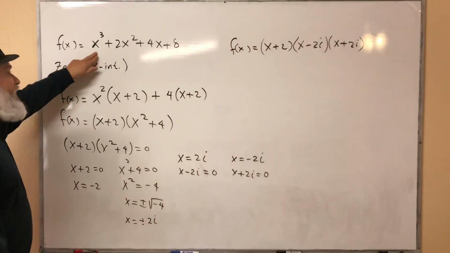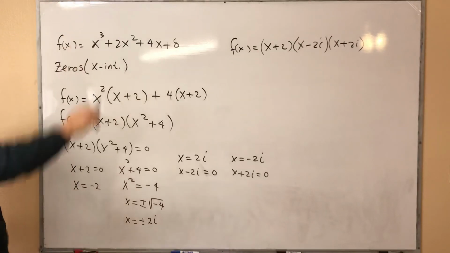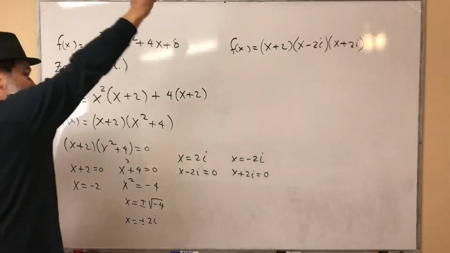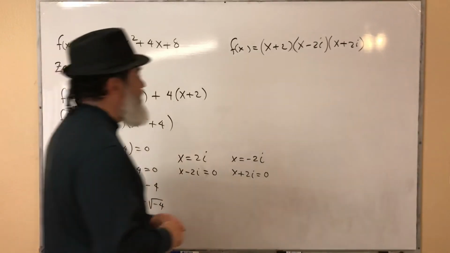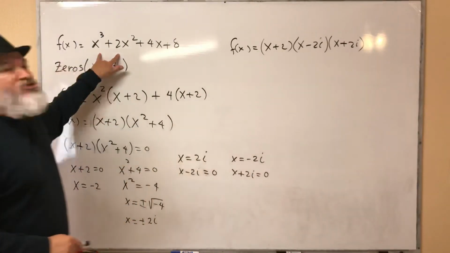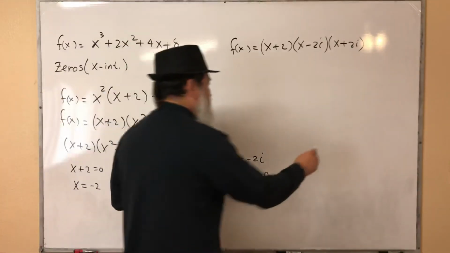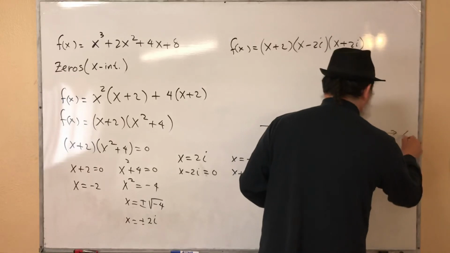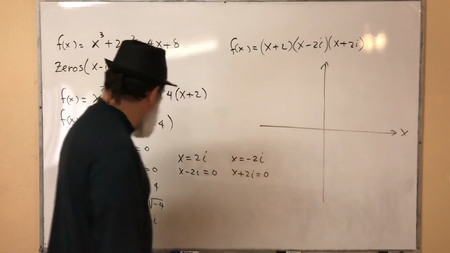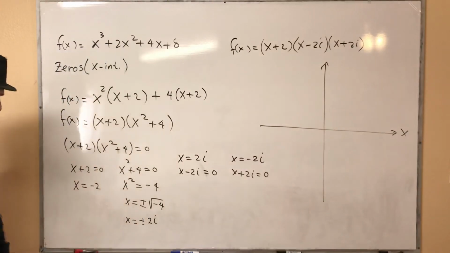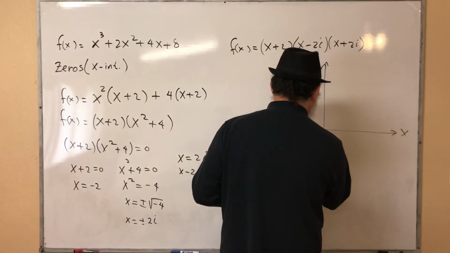What's the behavior of this function? Goes up to the right, down to the left. Okay, so most likely, and what's the y-intercept? 8. So this function does this. It crosses at -2, right there.